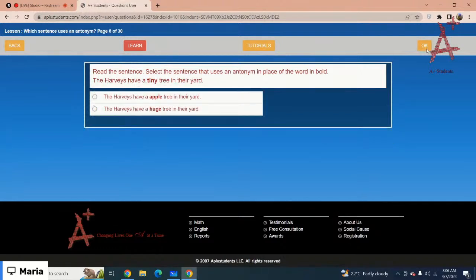The Harveys have a tiny tree in their yard. So which is the correct option?